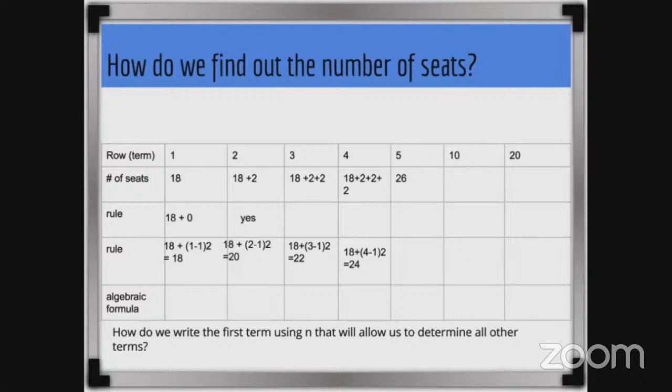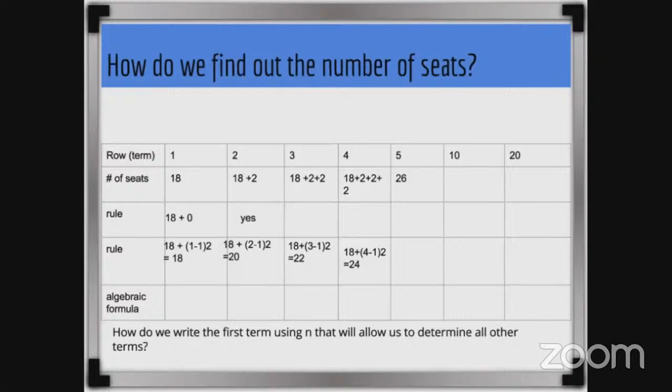As Mrs. Darby stated a while ago, in order to get the number of seats in the 5th row, we are adding not 5 sets of 2, as you said before. Remember when you said the 7th row would be 7 multiplied by 2? Yes, Miss. But you realized that it wasn't working out the way you thought it would, right? Yes, Miss, because it ended up getting 2 more. You're getting 2 more. Great.